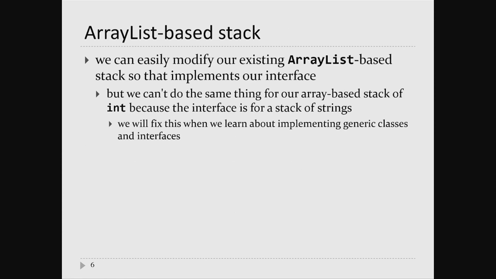Okay, we had an array-based stack of String from before. So we had an ArrayList; pushing an element onto the stack, you add to the end of the list. Popping an element from the stack, you remove the last element from the list. You can easily change that class to implement the interface.